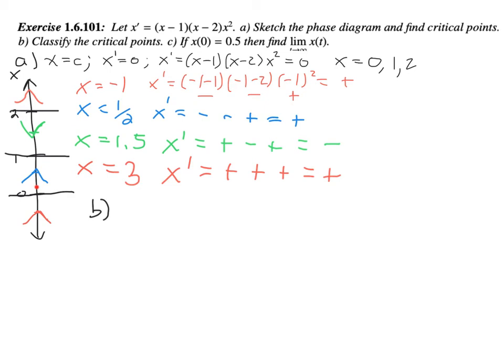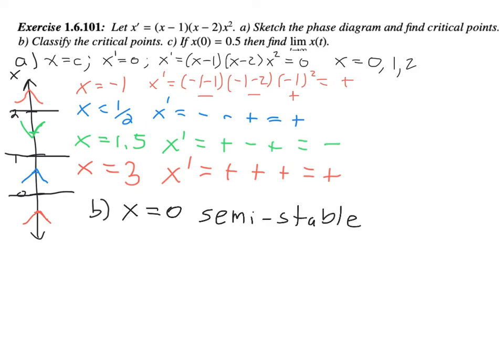But on the other side, if we started with an initial condition just a little bit bigger than 0, these solutions are not going to head back towards the equilibrium at 0. They're going to increase and actually head up towards another equilibrium at 1. So therefore, x equals 0, we would say, is semi-stable.